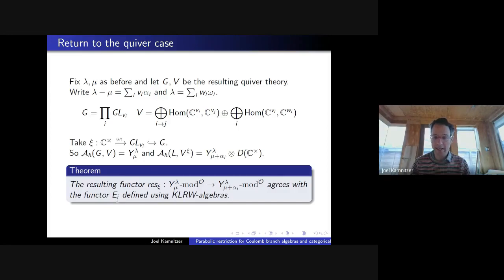Again, I had wanted to define these functors in a way which was more intrinsic to their nature as Coulomb branch algebras, and using this theorem on the previous slide, which I call parabolic restriction for Coulomb branch algebras, now we have a way of defining these functors in this way.